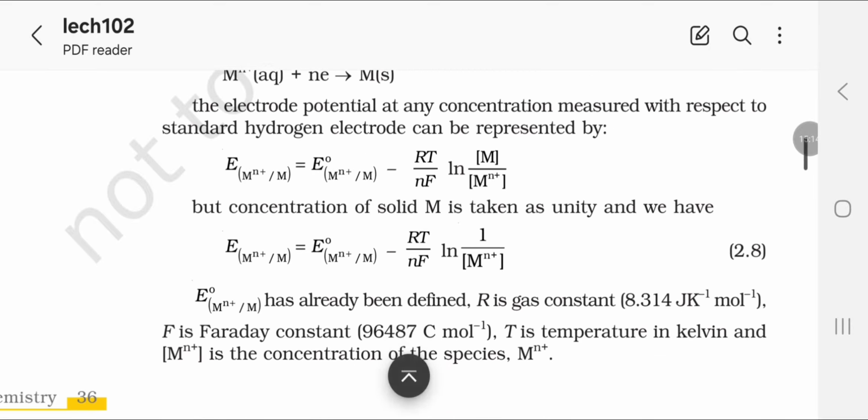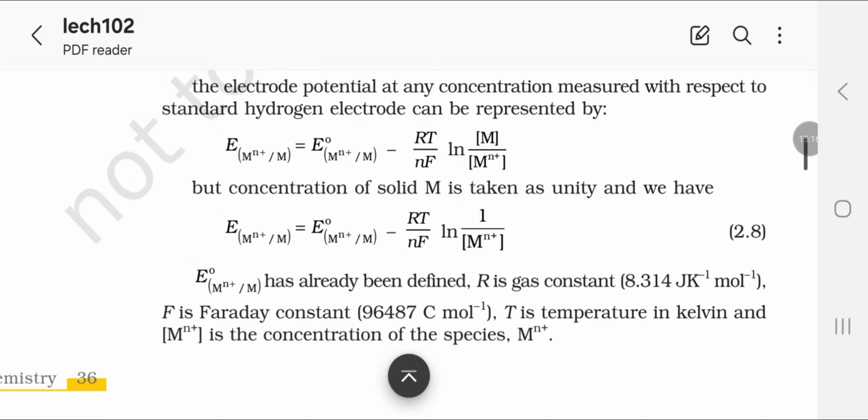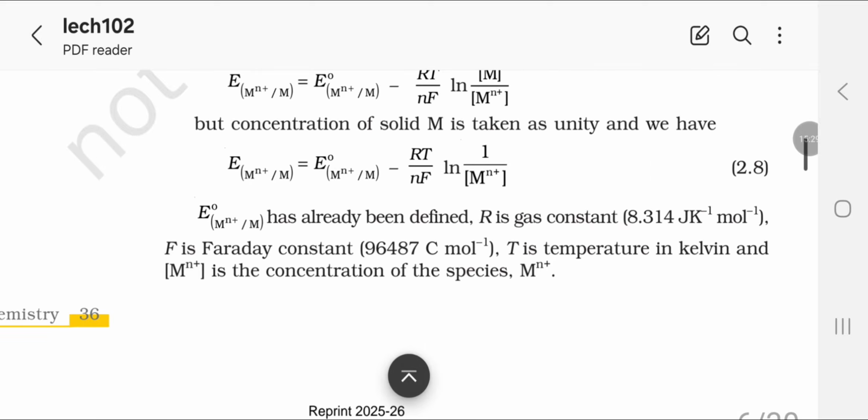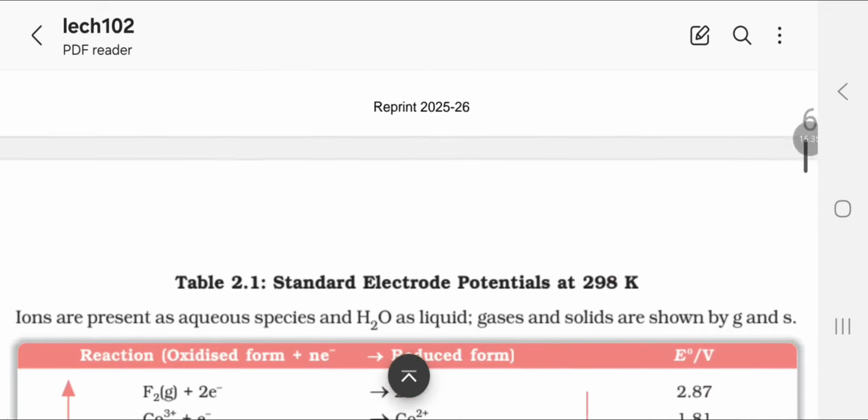But the concentration of solid M is taken as unity, and E°(Mn+/M) has already been defined. R is the gas constant, F is the Faraday constant, T is temperature in Kelvin, and Mn+ is the concentration of the species Mn+.